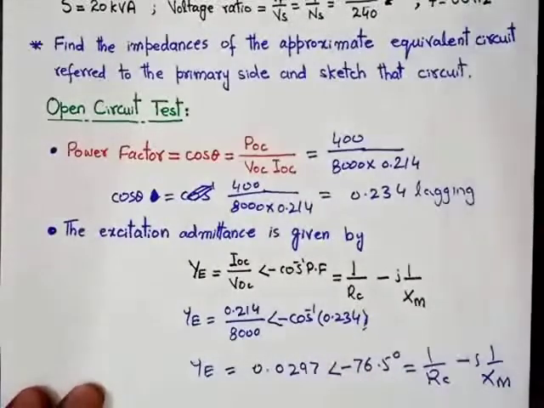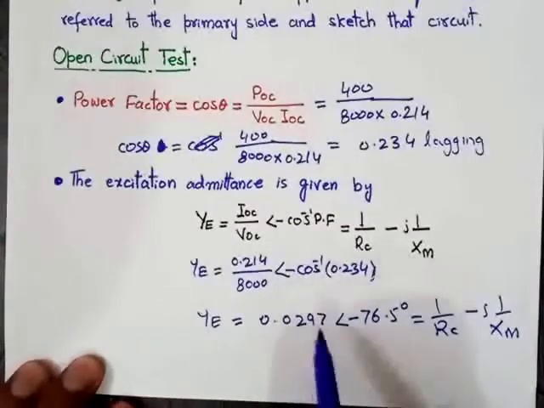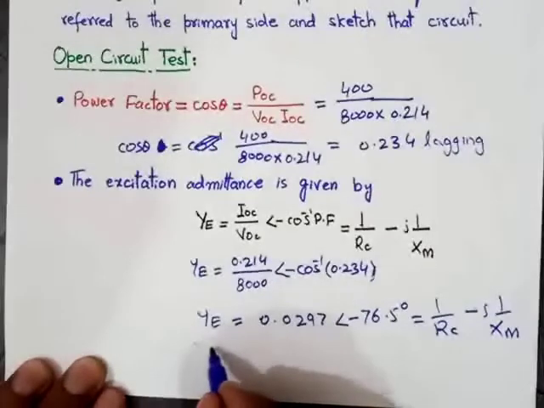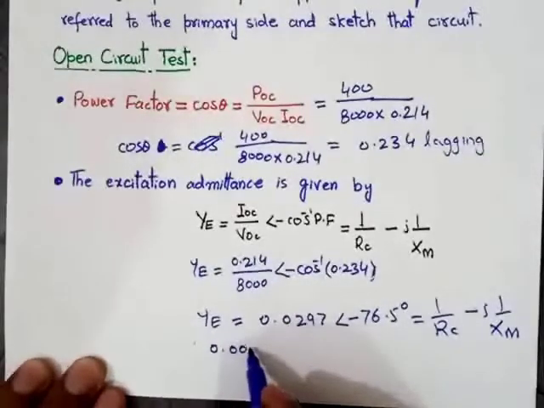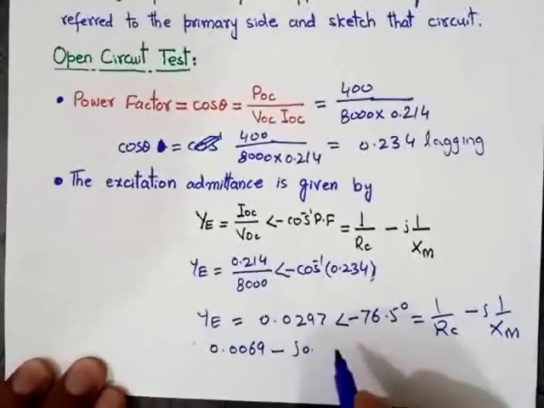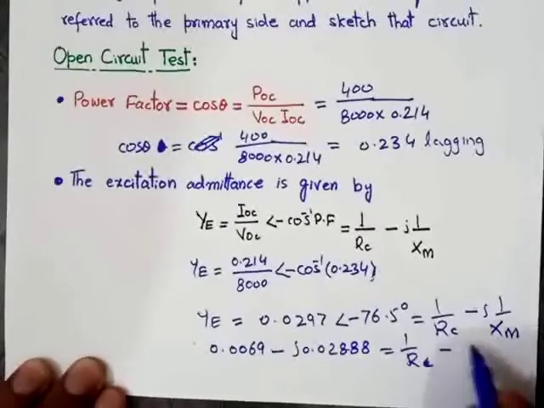So we convert this polar form into rectangular form, and we get 0.0069 minus j 0.0288 is equal to 1 over Rc minus j 1 over Xm.